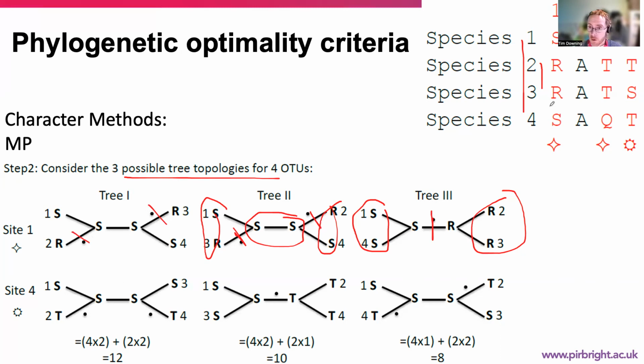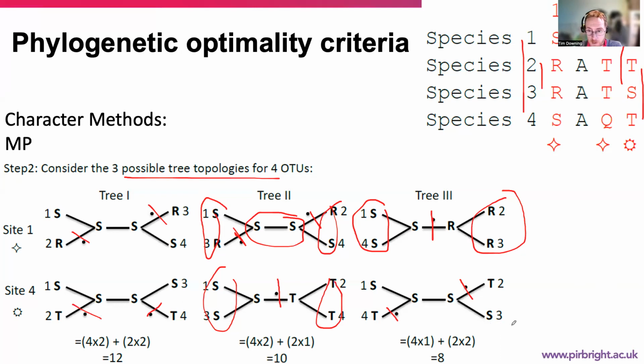If you look at site 4, where's site 4? We have 1 and 3 closely related, 2 and 4 closely related. So therefore, this tree here on the right requires two substitutions, where this one in the middle with SS at either end and TT at either end requires one mutation, and this one on the left requires two different mutations.